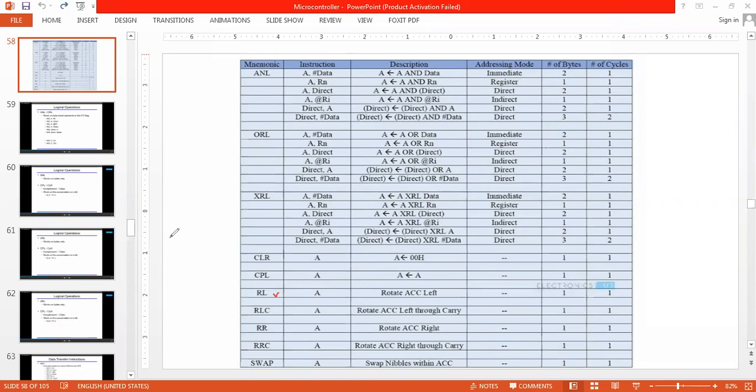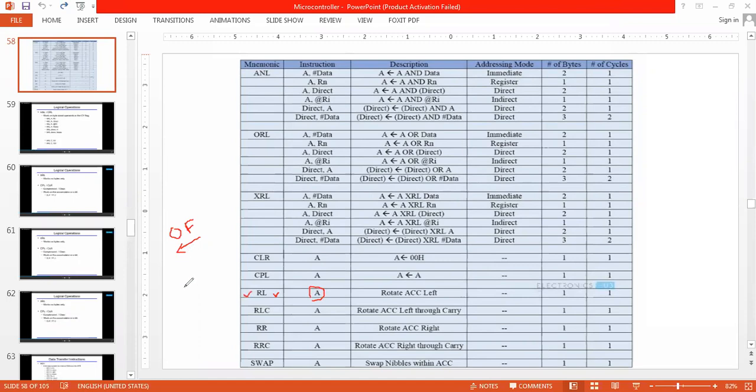Say A is having 0FH. Okay. Left side means what? From LSB to MSB. So what will be the new value of A after execution of rotate left?